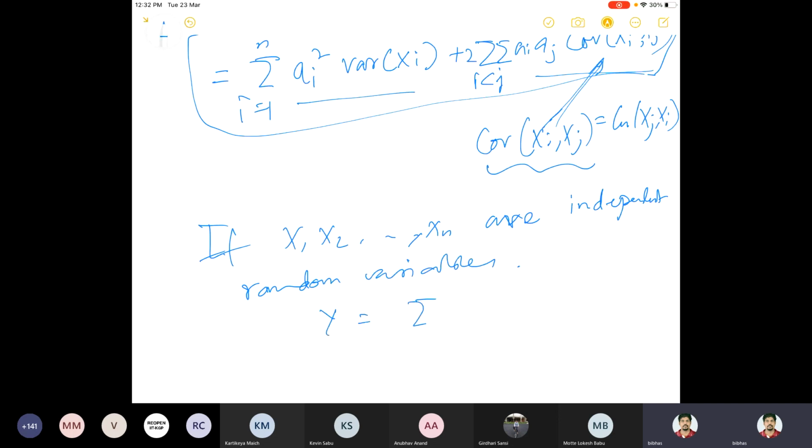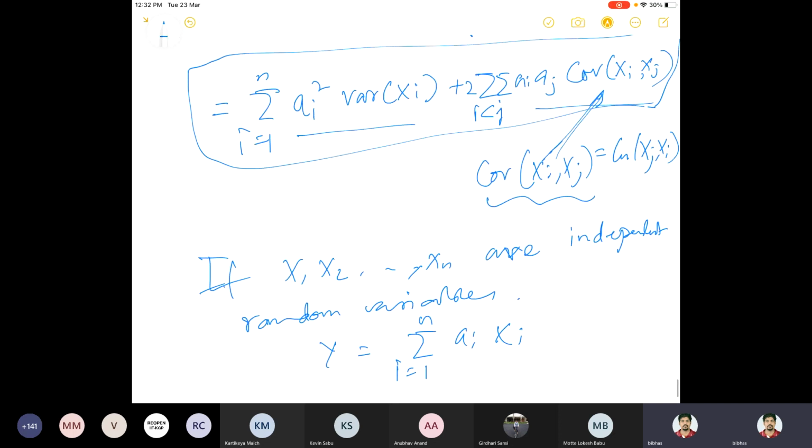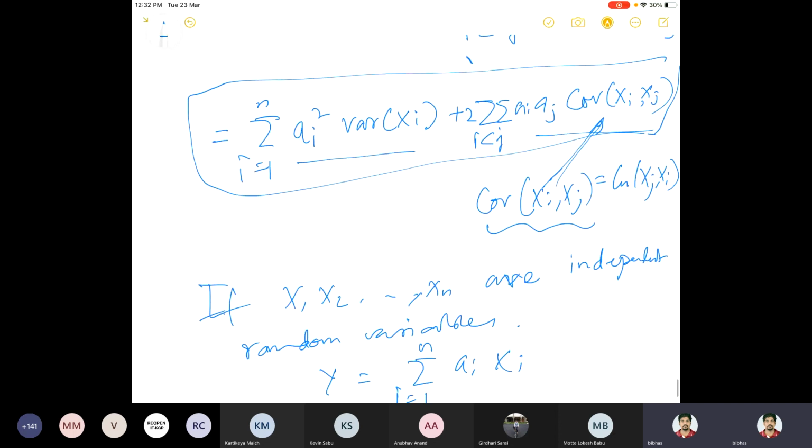Suppose we have a linear combination of the ai xi, and then what will be the variance? The mean is, of course, the sum of the linear combination of the means of each individual random variable xi. Then you just replace the covariance to be equal to 0 because they are independent. If I replace this to be equal to 0, this value will be 0.